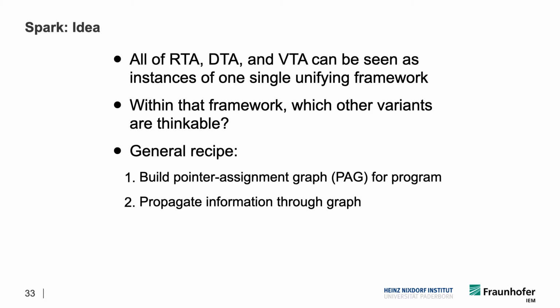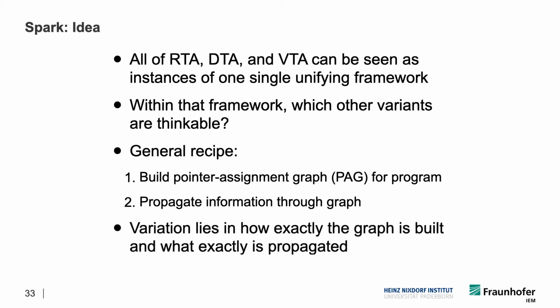The general recipe is as follows, and that's actually something that underlies all of these three different algorithms. You build a pointer assignment graph for your program, and we already saw that in particular for DTA and VTA. And then you propagate information through this graph, right? We saw that as well, this type propagation graph.